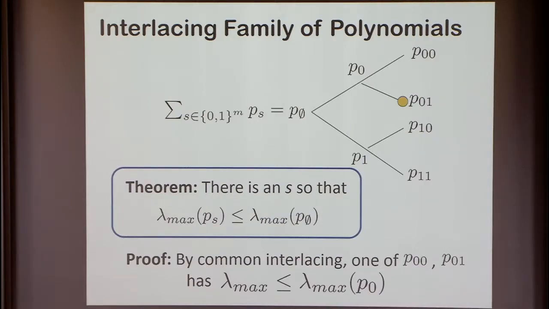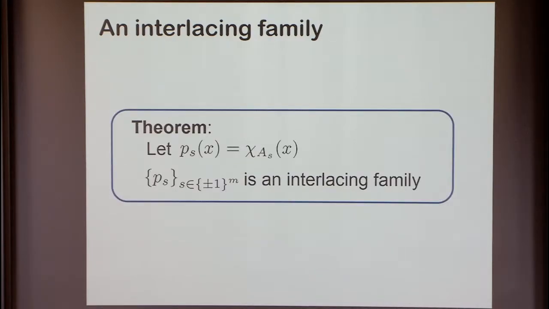It's also called the method of pessimistic estimators. So if you have polynomials like this and all these common interlacings exist, you can set the bits one by one, instead of trying to do it in one shot. And what we prove is that, getting back to our situation, the family of polynomials indexed by signings of an adjacency matrix is an interlacing family. That will prove the first part.